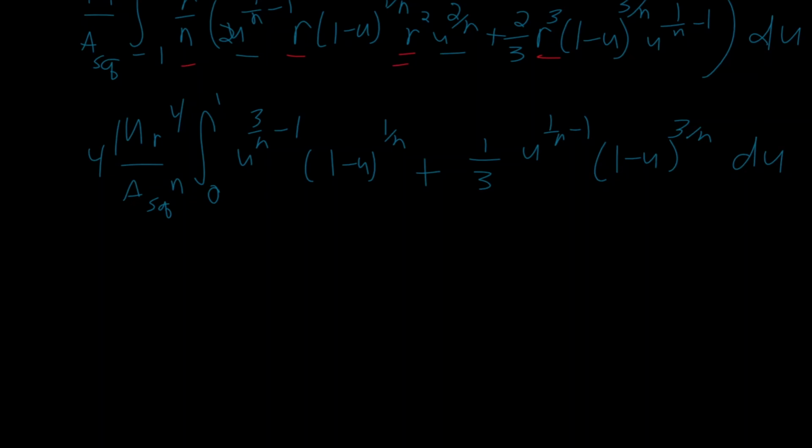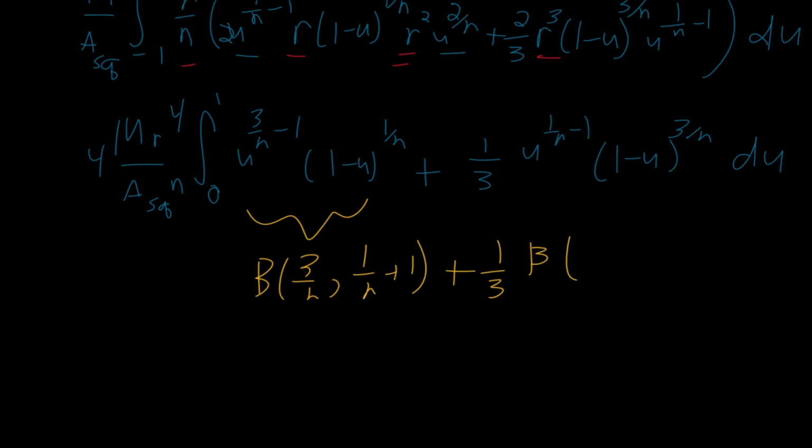And now we can just use our good old friend, the beta function. What that's going to give us here is beta of 3 over n, comma 1 over n plus 1, plus 1/3 times beta of 1 over n, and then 3 over n plus 1. And there's interesting symmetry going on here, so let's investigate what that is all about.